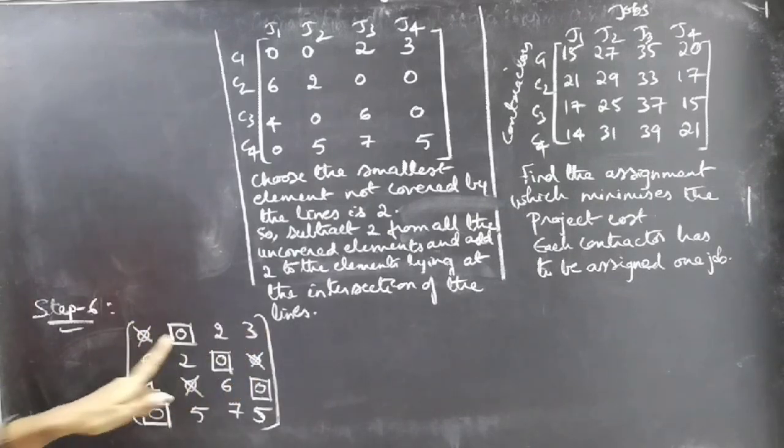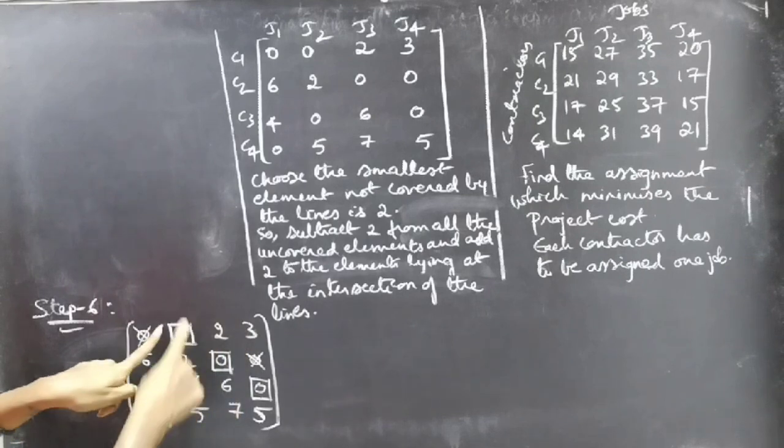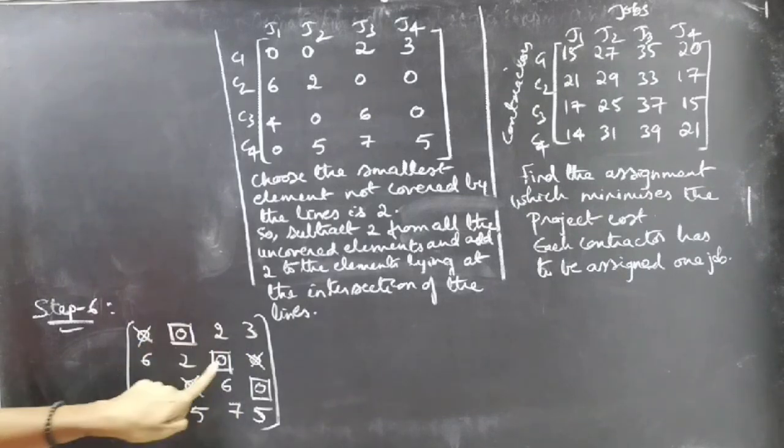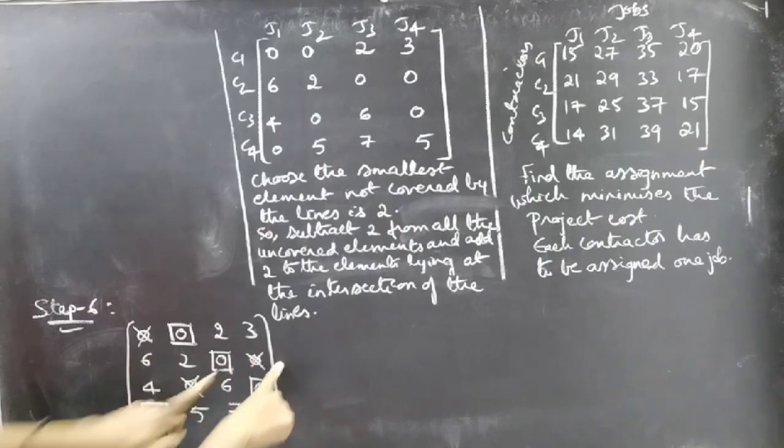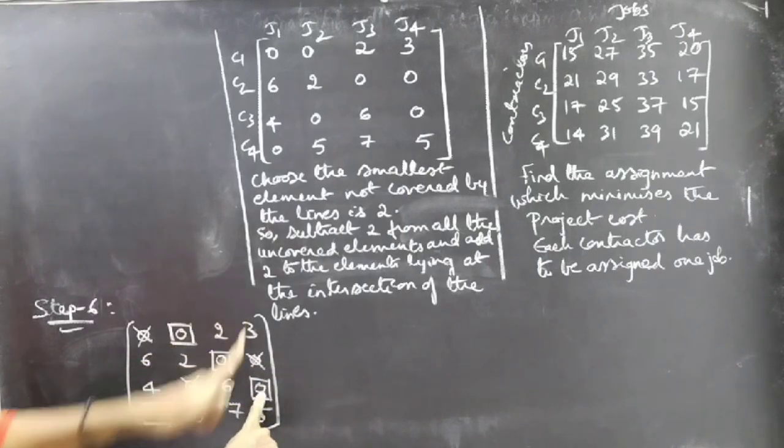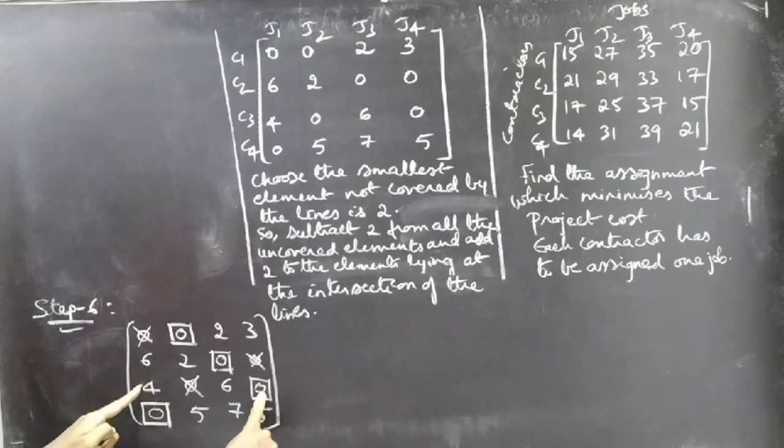We have one assignment in the first row and second column. We have one assignment in the second row and third column. We have one assignment in the third row and fourth column, and we have one and only one assignment in the last row and first column.